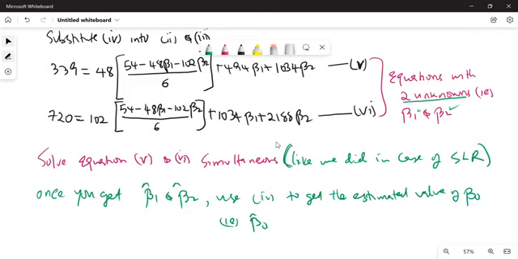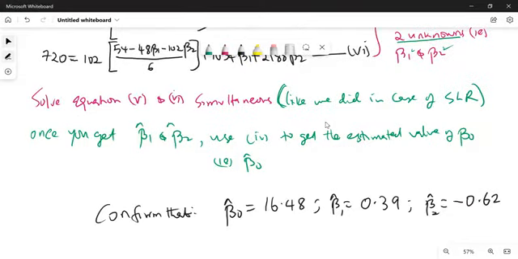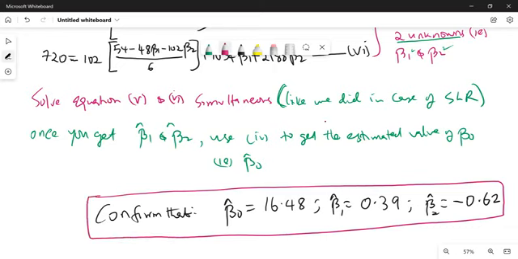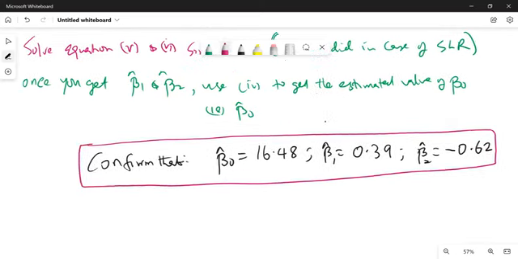Okay, so I believe that is something that you can do on your own. But I'll give you the answers so that you can check whether your answers are correct. Those are the estimates of beta naught, beta 1, and beta 2.